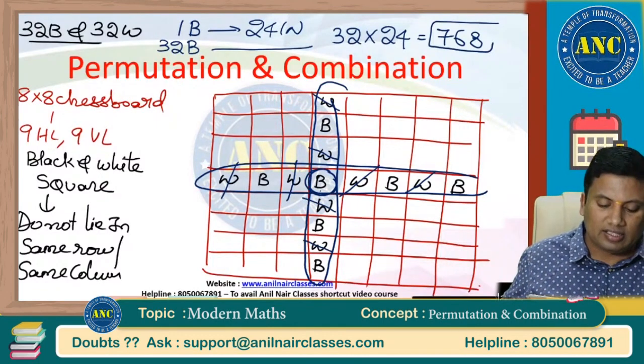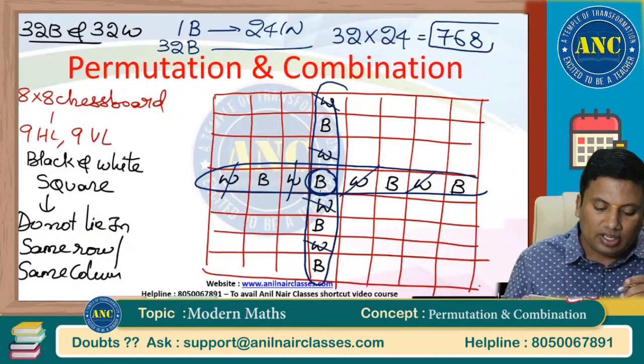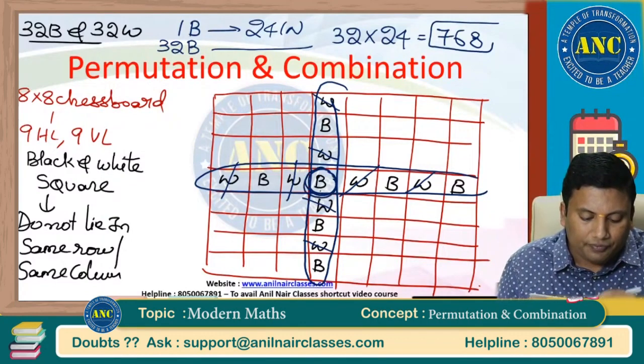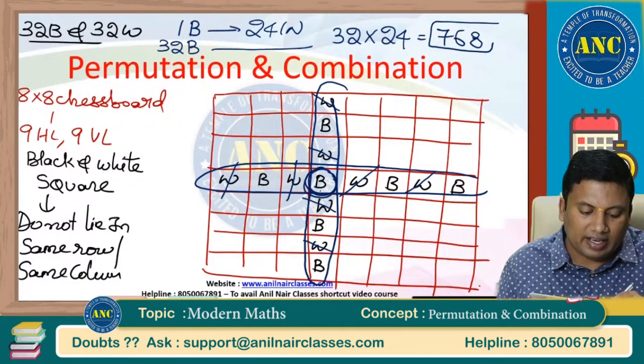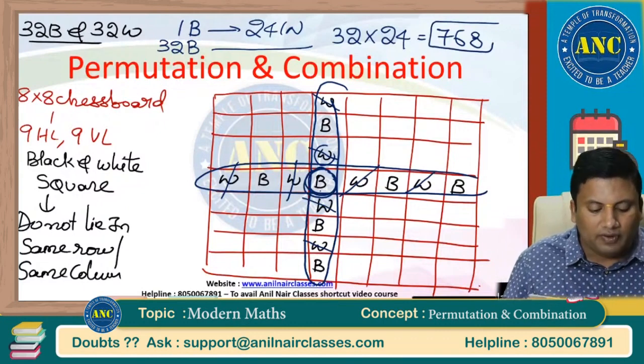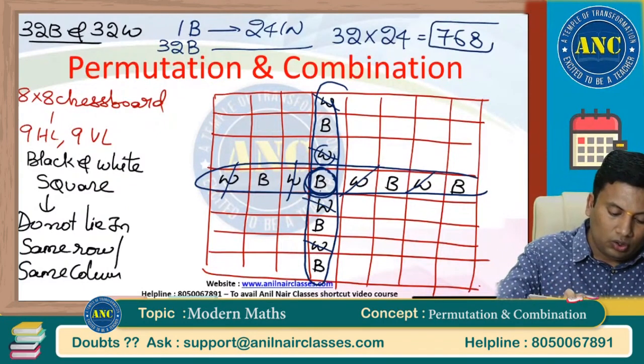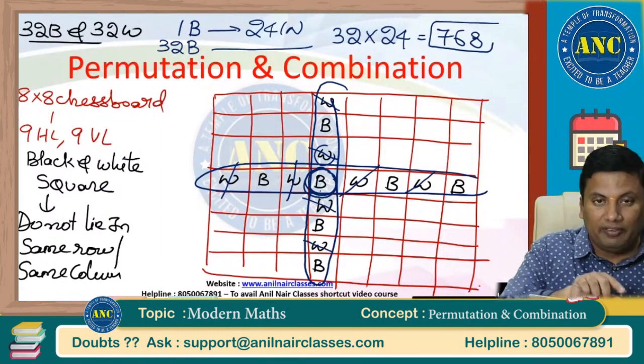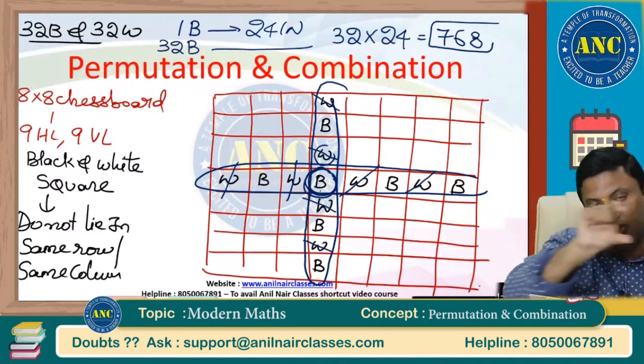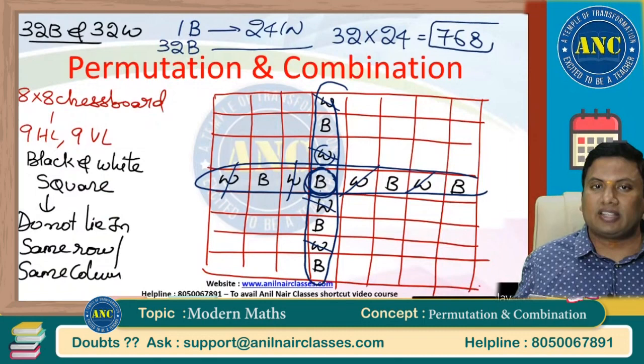Suppose you ask, hey Anil sir, instead of this black, if I take this white, that also will give you the same answer. If I choose one white, even if you take this strip and this strip, a total of 8 blacks cannot be chosen.